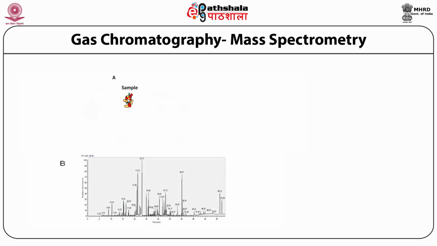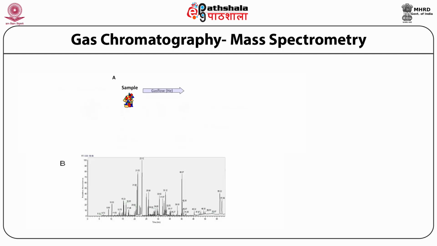Here you see these schematics depicting a gas chromatography mass spectrometry analysis. So in A, you see that this is a column which is a part of the GLC system. You inject a sample here. The analytes that have a high affinity to the stationary phase will move slow in the column because they'll be bound to the stationary phase here.